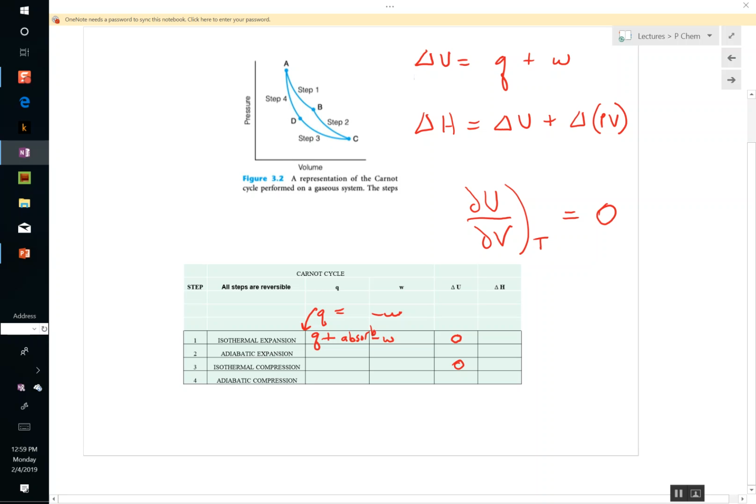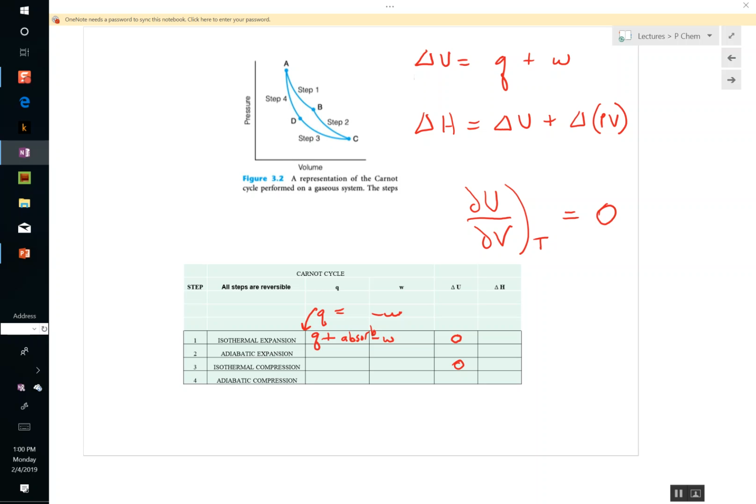Q equals negative W. And that's because the only way to keep it at that same temperature would be to absorb heat, right? If you're expanding, otherwise it would cool. It would cool down. So yeah, the only way to keep it... good comment. All right. So it's the way you got to kind of be thinking through some of this.